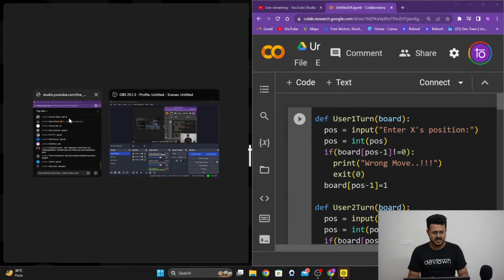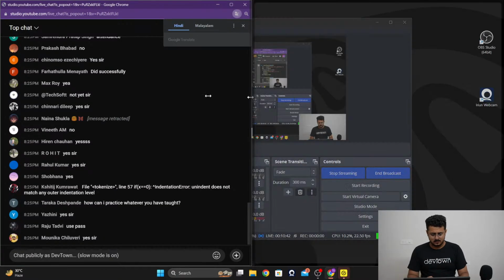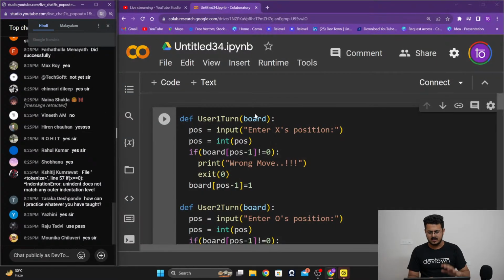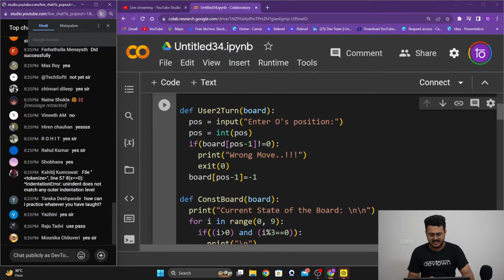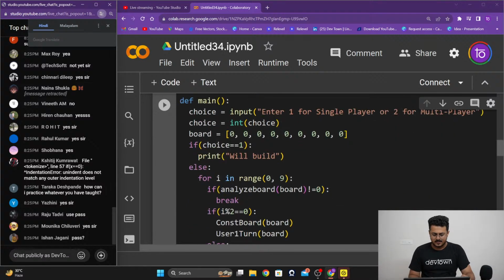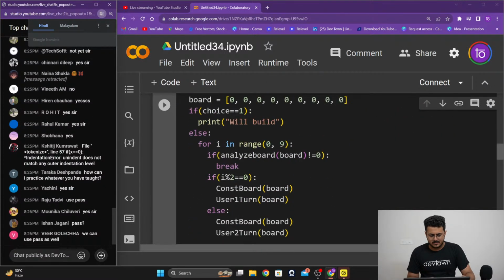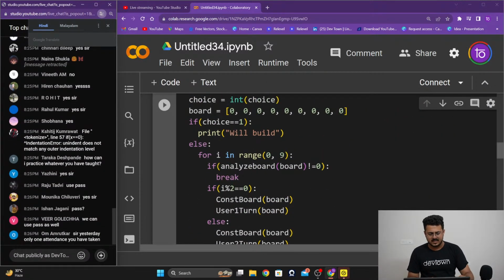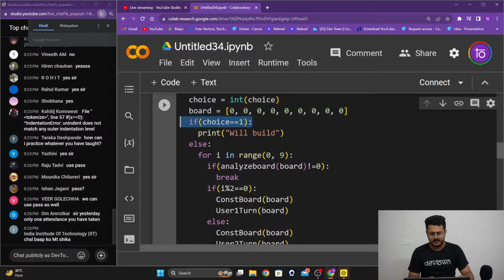What I did yesterday, because I was also getting the same error yesterday, guys, I immediately changed that within the class. As you're able to see right over here, if choice is equal to 1, print. Just make this small change right over here, guys.